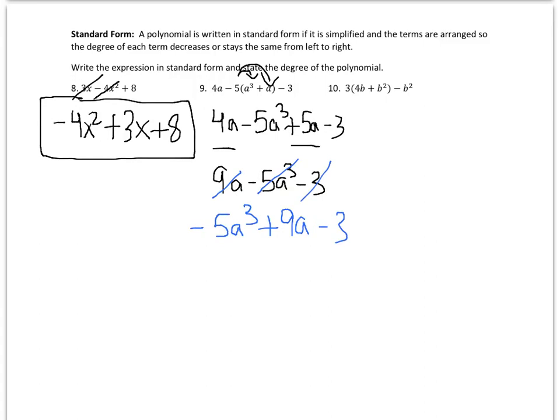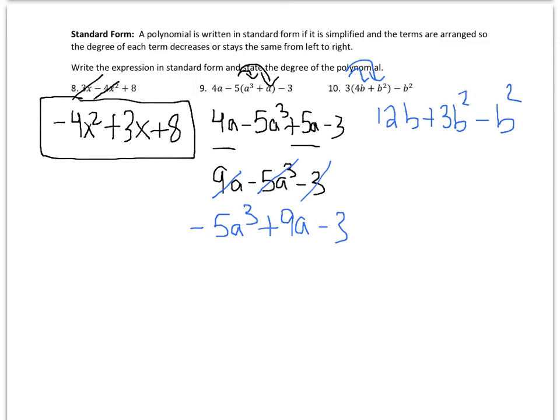So go ahead and press pause, guys. Try to distribute, simplify, and then write it in standard form. Okay? So hopefully you guys did. Distribute the 3 is the first thing I would have done. So you get 12b plus 3b squared minus b squared.